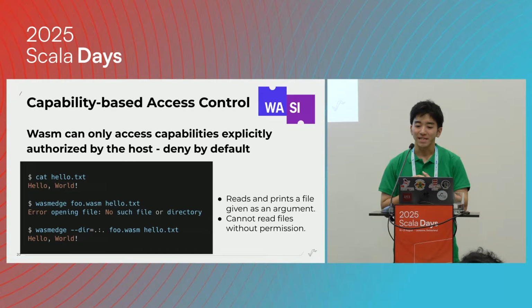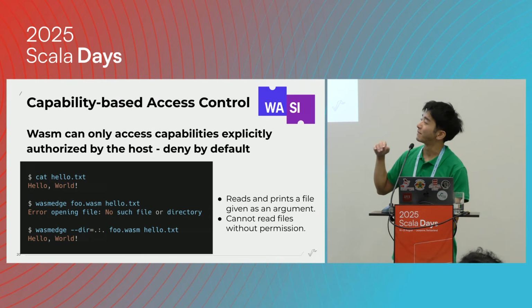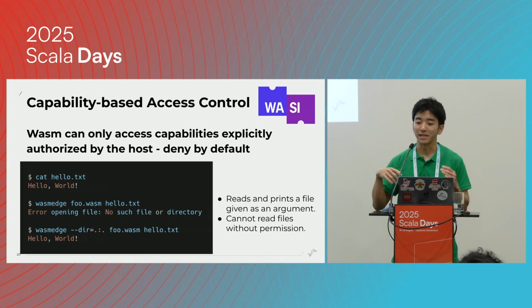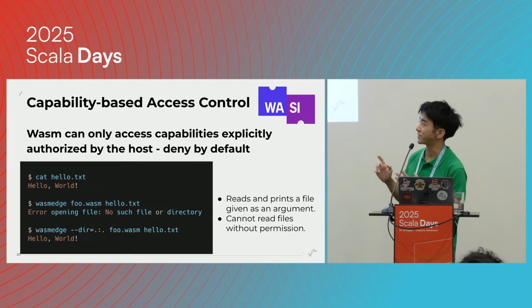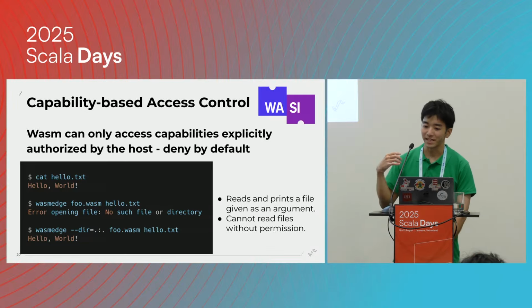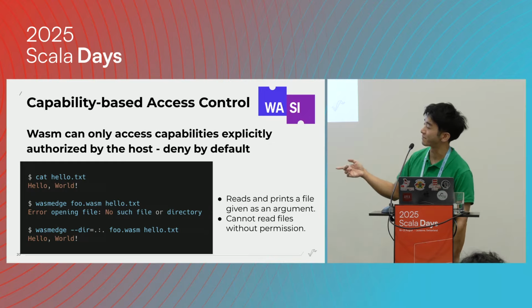And by standardizing the interface, Wasm VMs can now implement capability-based access control. For example, imagine a program that reads and prints a file's content, but this program fails to read the file by default because the Wasm VM denies reading the file system by default.